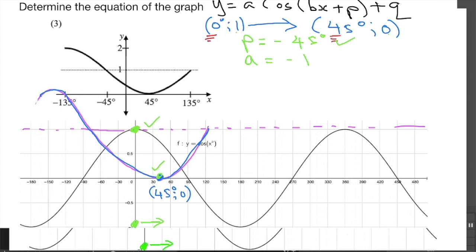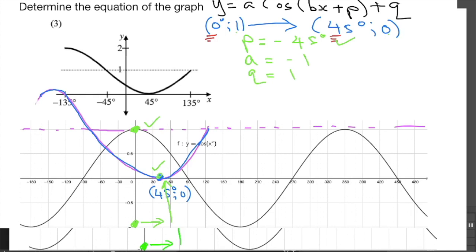Now, do you see that you will then again need to shift it vertically for it to end up at 45, 0? You now need to shift it vertically by 1 unit. So that tells you that Q is equal to 1. We're now missing B. Right, and B is always going to be found from the period.